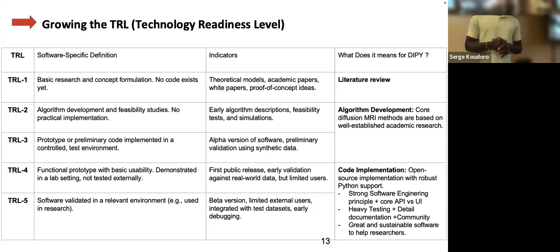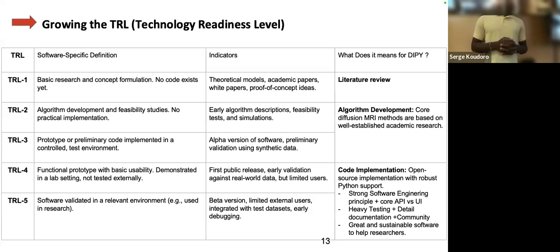Then when I arrived in DIPY, they pushed it further in TRL. They were already at TRL 4, 5, almost 6, where they made sure that all the best practices of software engineering were implemented. By doing a stronger software engineering system, using some design patterns to make sure that everything is reusable and easy to maintain. And then they added heavy testing, making sure that every single function in DIPY is tested and documented.